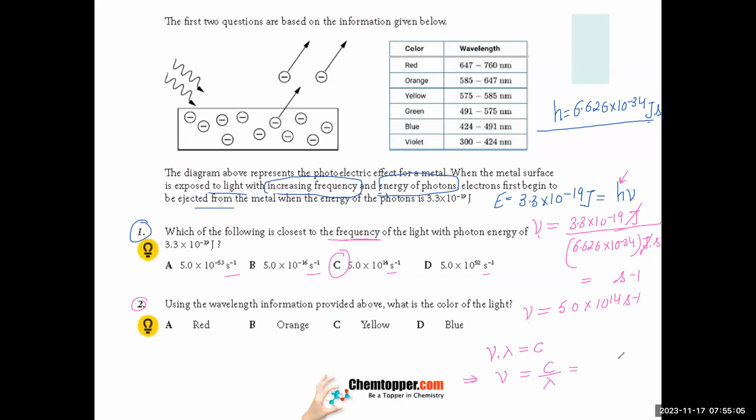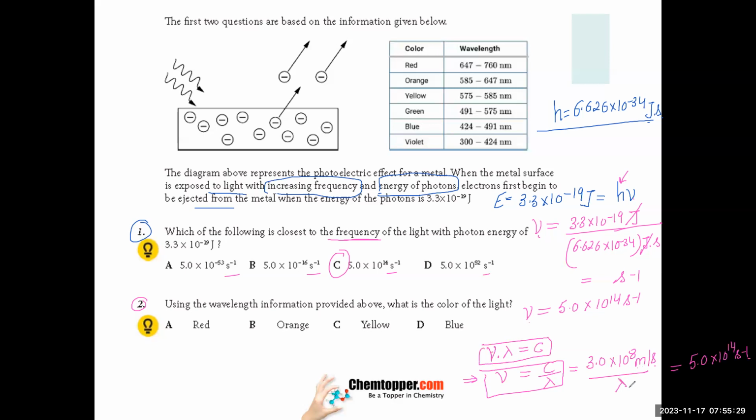The value of c will be given to you: 3.0 times 10 raised to power 8, take care of the units, meter per second, over lambda is equal to 5.0 times 10 raised to power 14 per second. So the equation can be given to you in this format or in this format.